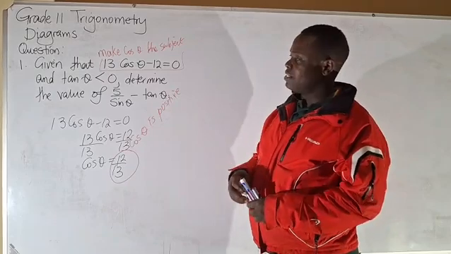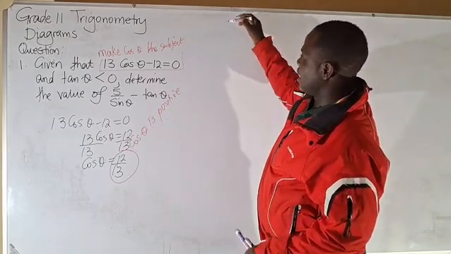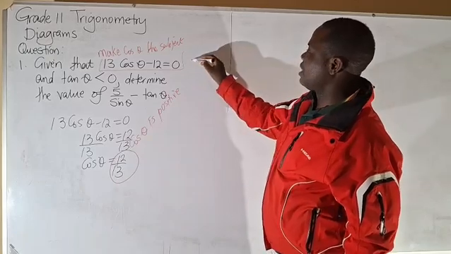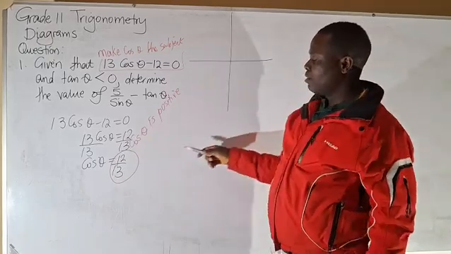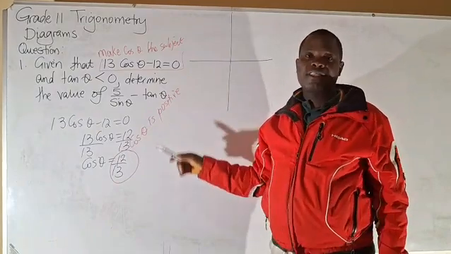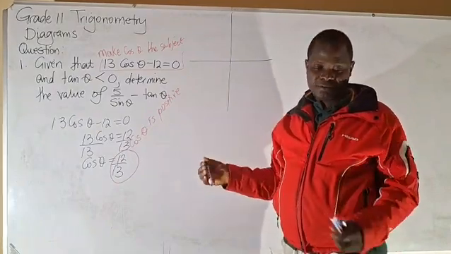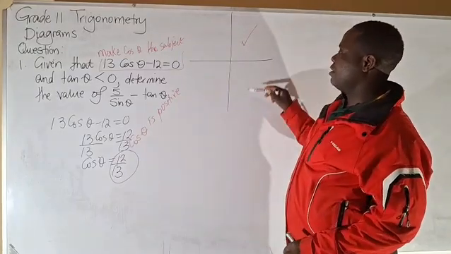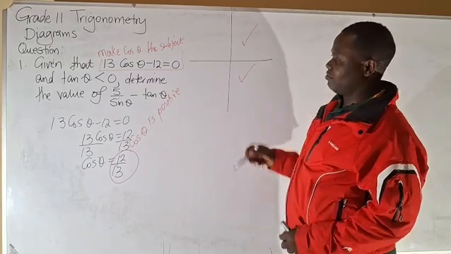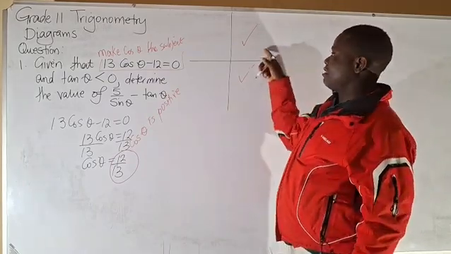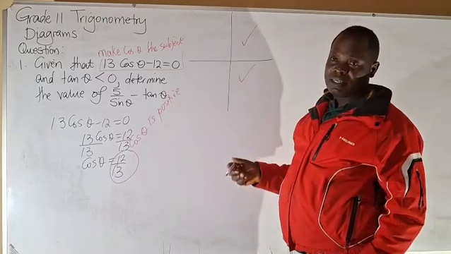What it means is that the diagram we are going to draw must be drawn in the quadrants in which cos theta is positive. And cos theta is positive in quadrant 1 and also in quadrant 4. That means the diagram must be drawn in one of the two quadrants.